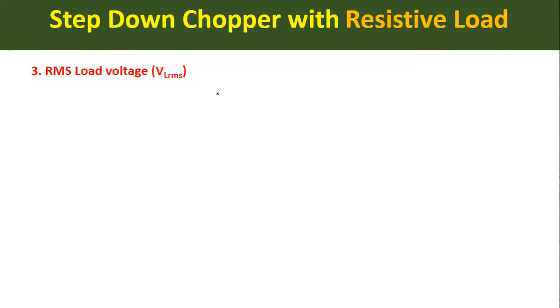Now we are going to derive the RMS load voltage, which is given by VL RMS, and it is equal to 1 upon T integration from 0 to T on VL square dt. Because we are finding the RMS output voltage, this will be bracket to the power 1 by 2. Now we will put VL is equal to Vs here.